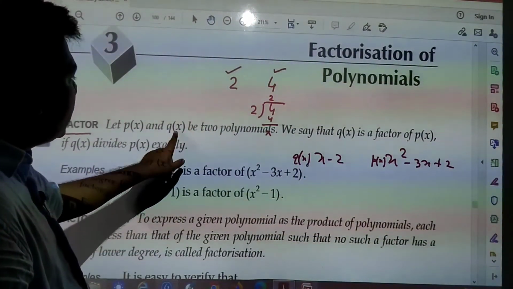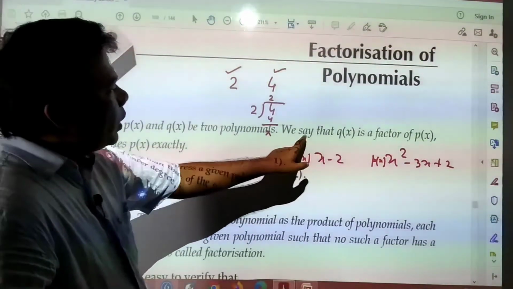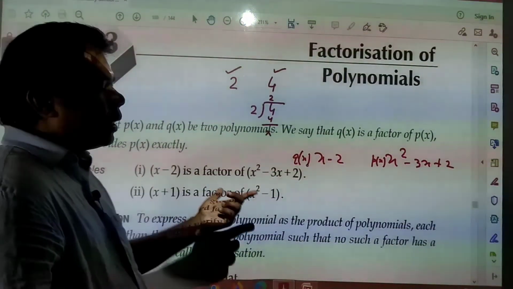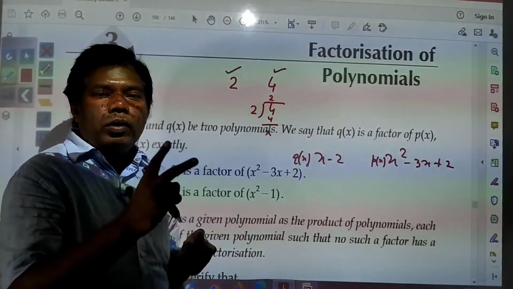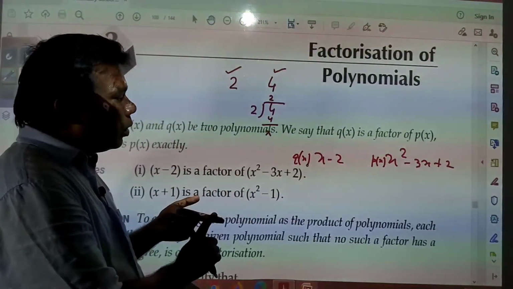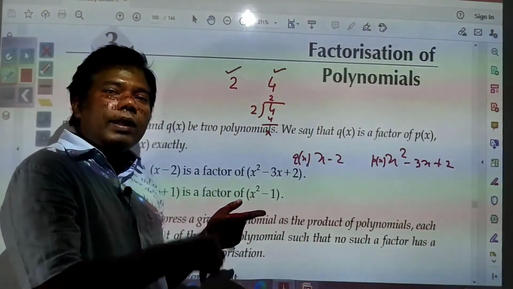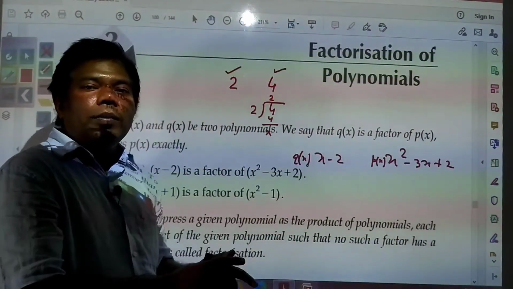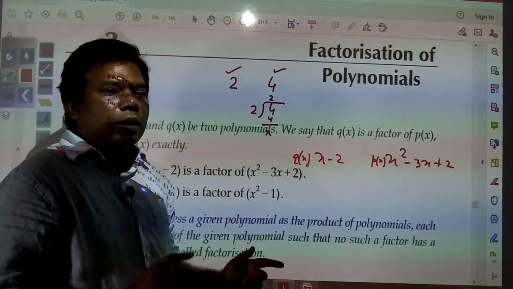Let P(x) and Q(x) be two polynomials. We say that Q(x) is a factor of P(x) if Q(x) divides P(x) exactly. So if you have two polynomials and one polynomial divides the other exactly, then the first polynomial will be called a factor of the other.